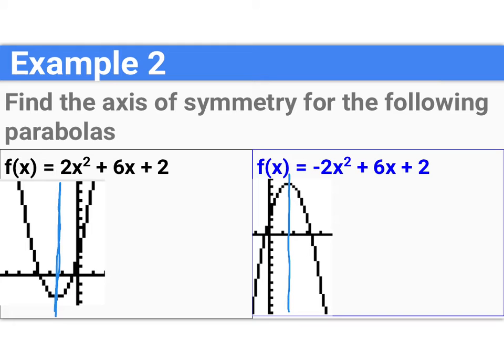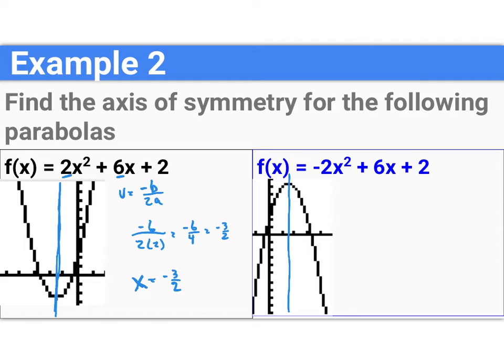So how do we get it? The vertex of a parabola is negative b over 2a. Here's your b, here's your a. So we get negative 6 over 2 times 2, which equals negative 6 over 4, which is negative 3/2. So when x equals negative 3/2, that is your axis of symmetry.